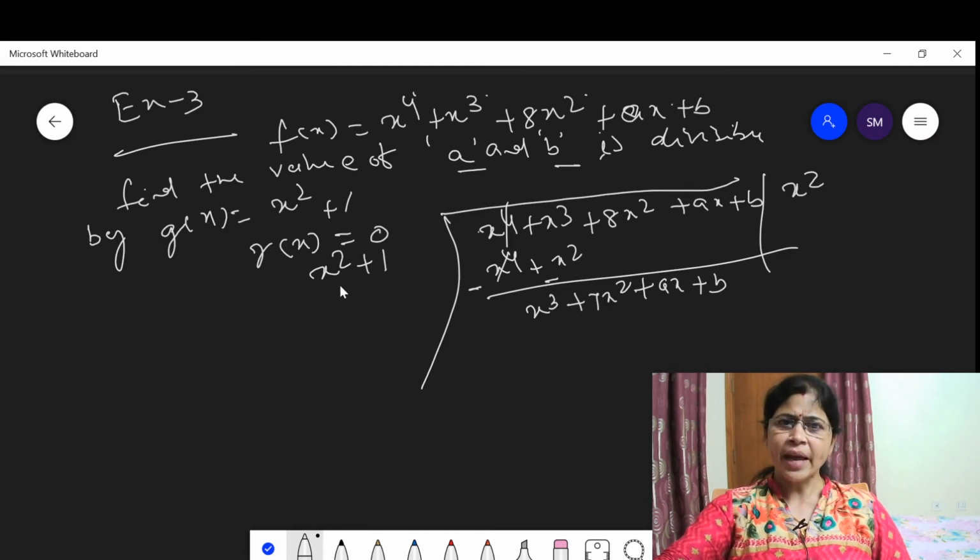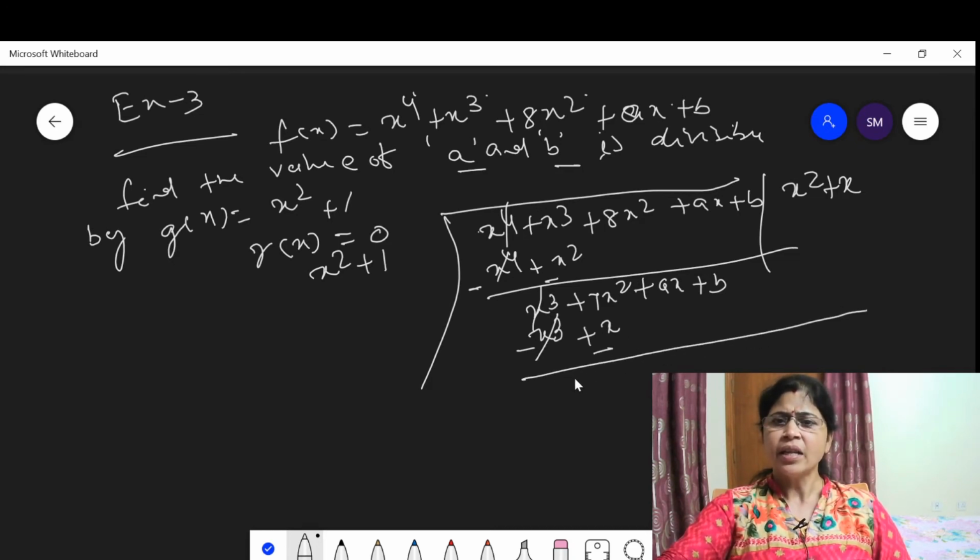Then from x square to get x cube, it will be multiplied with x. This is x cube plus x. Then subtract this and this cancels. Then this will be 7x square plus ax minus x plus b.